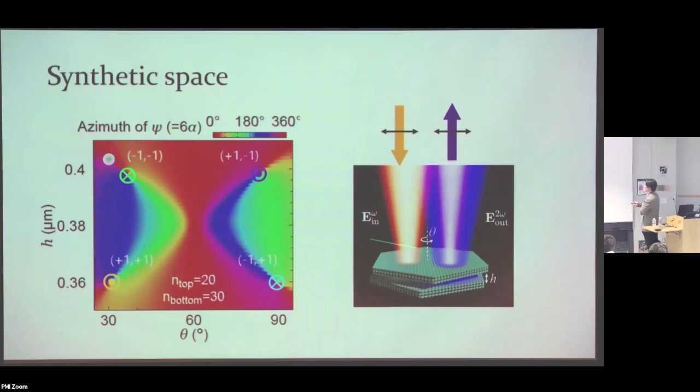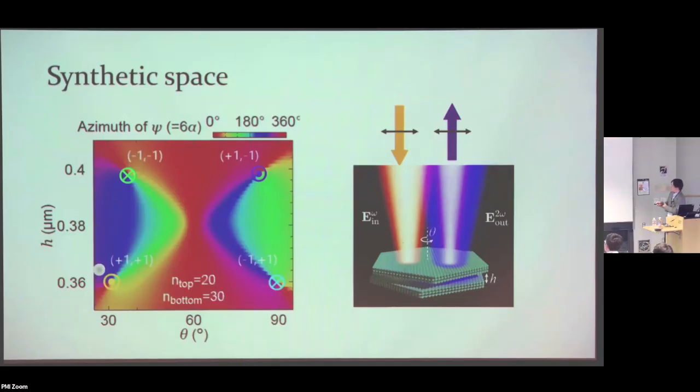But if I tune my parameters, h and theta, in synchronization around that point, and rotate around that singularity by 360 degrees, the polarization of my outgoing SHG light rotates by 180 degrees. So that's basically what's happening around this singularity point.